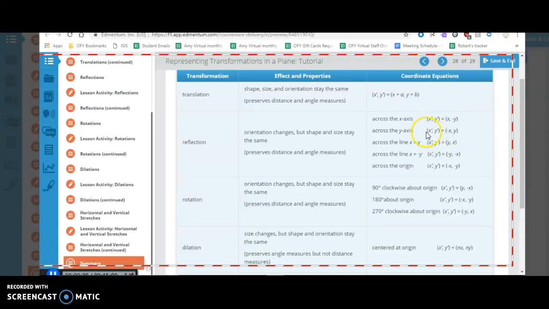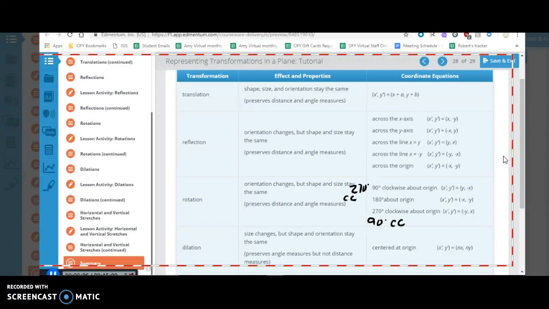Same thing with the y-axis reflection, except the x is what changes sign, and the y stays the same. Now let's look at a rotation of 90 degrees, and they should give you counterclockwise. A little tip for this: 90 degrees clockwise is the same as 270 degrees counterclockwise, and 270 degrees clockwise is 90 degrees counterclockwise.